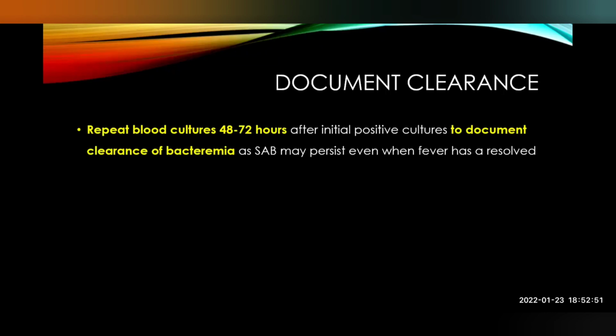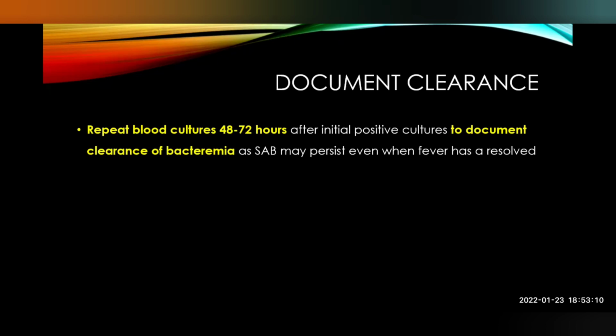Next, one more important thing is you should document the clearance of the infection. To document clearance, you have to send repeat blood cultures every 48 to 72 hours, that is, every 3 to 5 days. It is a very common practice that you just send one blood culture, and if it is positive, you just treat based on that report.